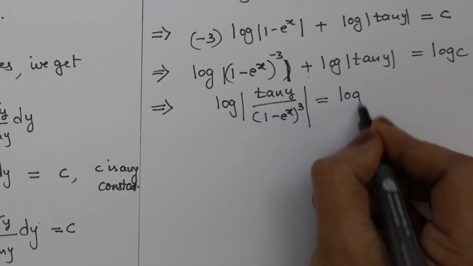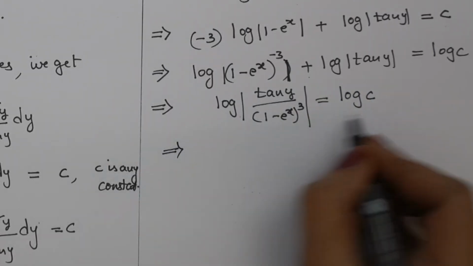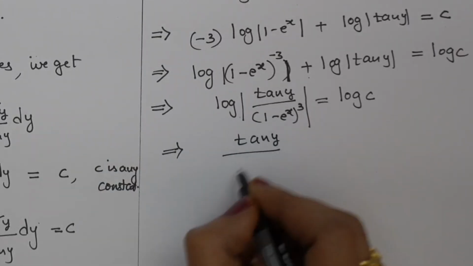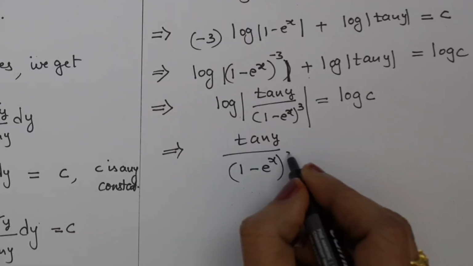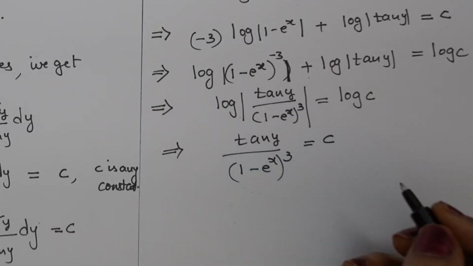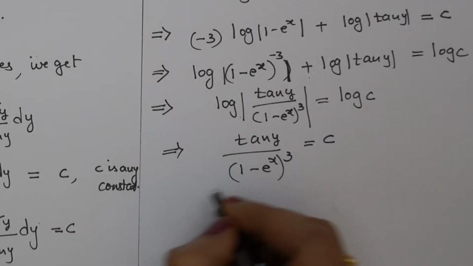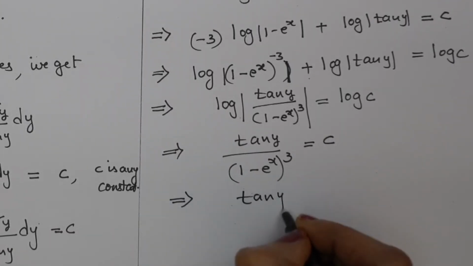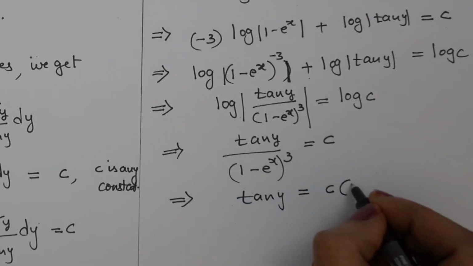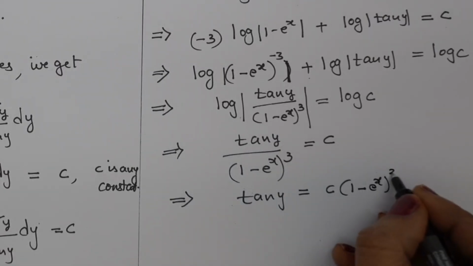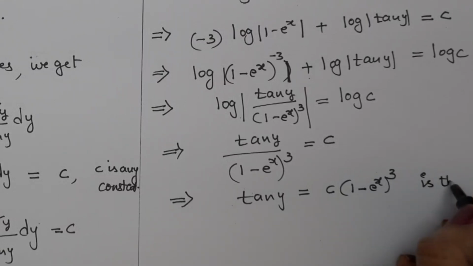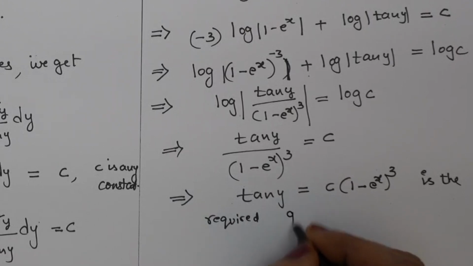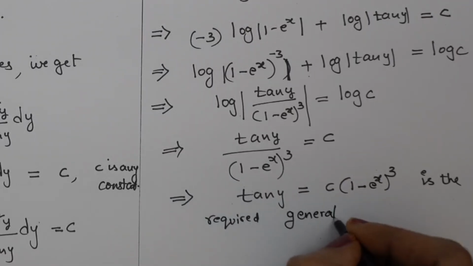This equal to log c. From this, we can write this term as tan y by 1 minus e power x whole cube is equal to some constant c. So, this can be further simplified as tan y is equal to c into 1 minus e power x whole cube, which is the required general solution.